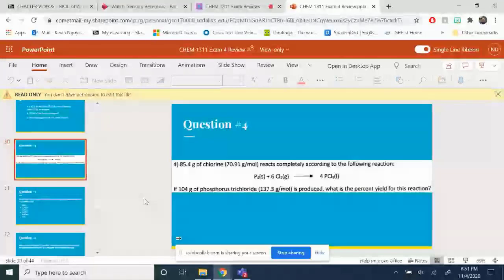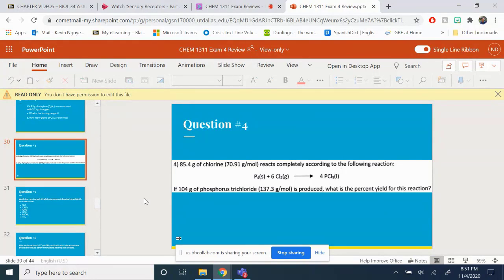The next one. All right, so let's take a look at this one. We have 85.4 grams of chlorine. Chlorine should be Cl2. Remember, chlorine is one of your diatomics. That's why they told us the molar mass is going to be 70.91 grams per mole.